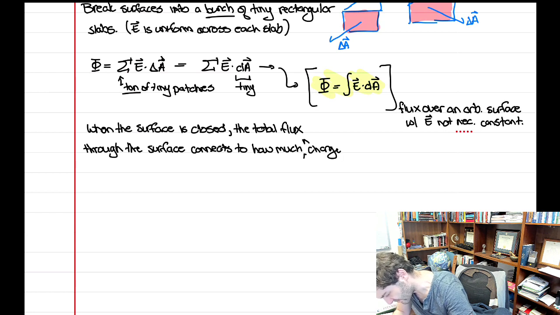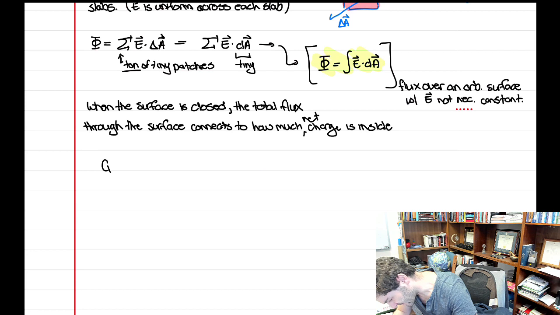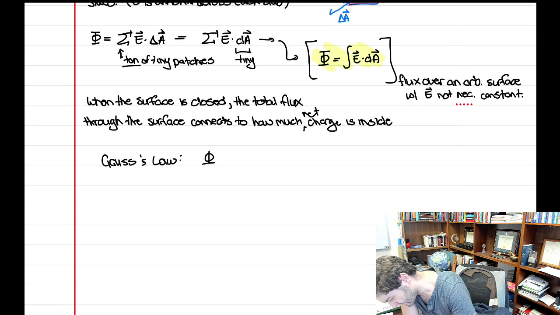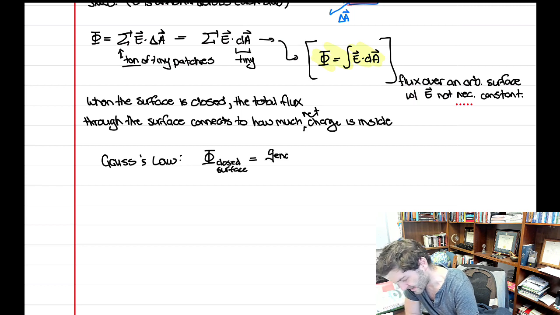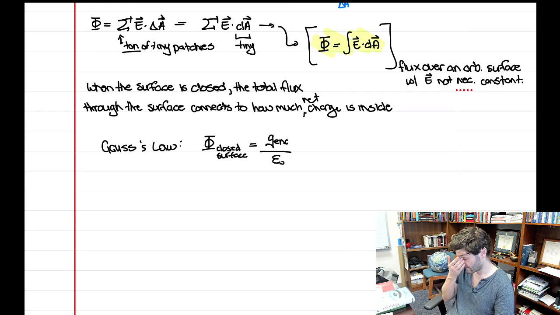Realize how much net charge is inside, which is what's called Gauss's law: that the total flux through a closed surface is equal to, it turns out, the net charge enclosed divided by this permeability constant.